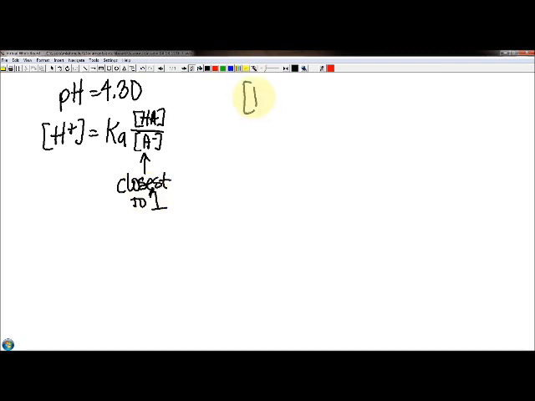Okay? So let's figure out our H plus first. H plus, remember, from chapter 14, is take the antilog of the pH, and so that is 5.0 times 10 to the negative 5 molar. And so let's go ahead and figure out our ratio.